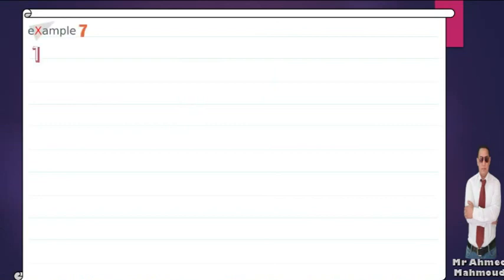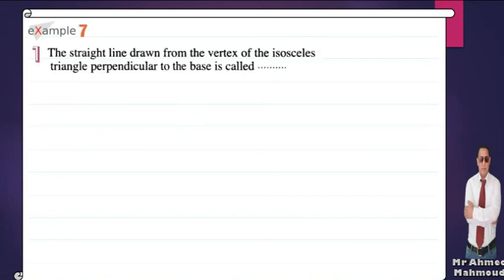In this example, number 1, the straight line drawn from the vertex of an isosceles triangle. This is the first required. We have an isosceles triangle and perpendicular to the base is called the axis of symmetry.